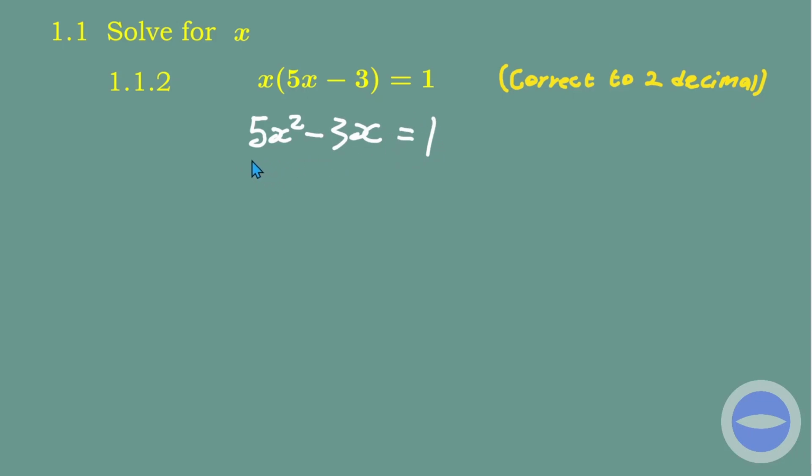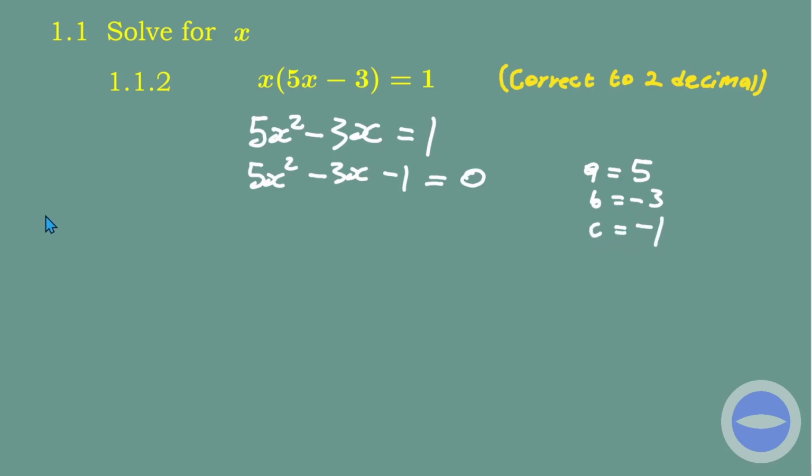Then I will have 5x squared minus 3x minus 1 equals 0. From there I will use the quadratic formula. So with the quadratic formula, I have a equals 5, b equals negative 3, while c equals negative 1.